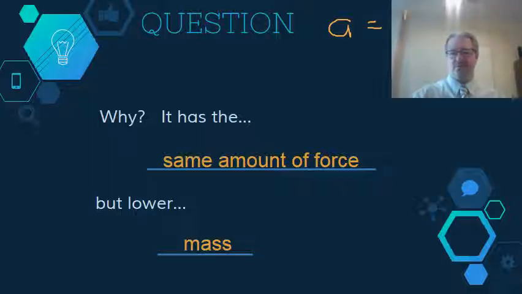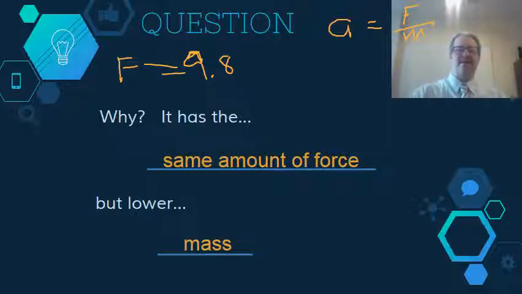A equals F divided by m. So if we make up some forces, we're going to use, let's say, F equals 9.8. That's gravity, but we'll say we put as much force on the cart as gravity is putting on it. Okay, and let's say our mass of the empty cart was 20 kilograms.